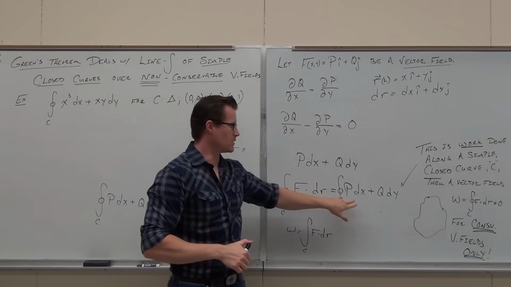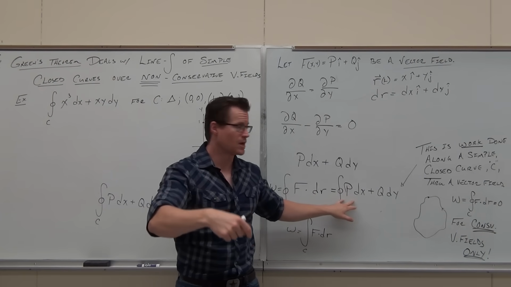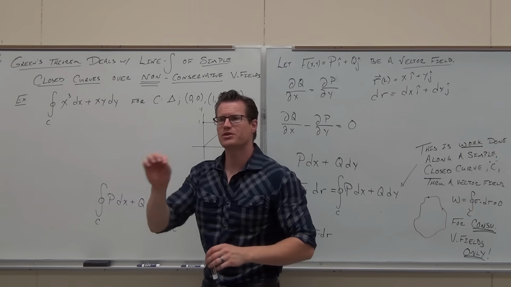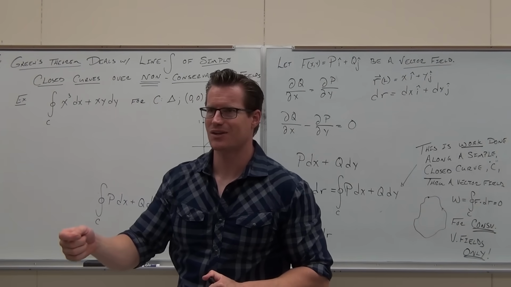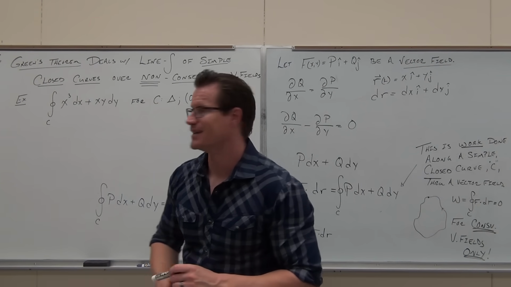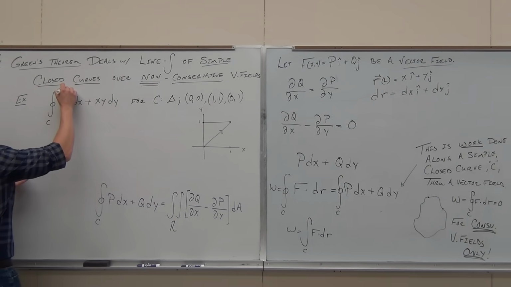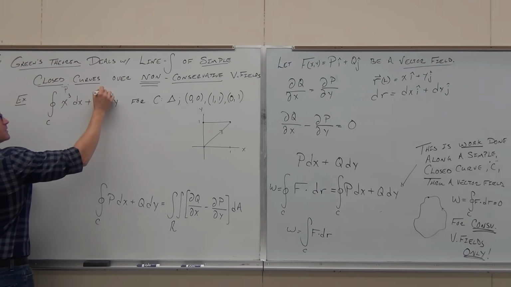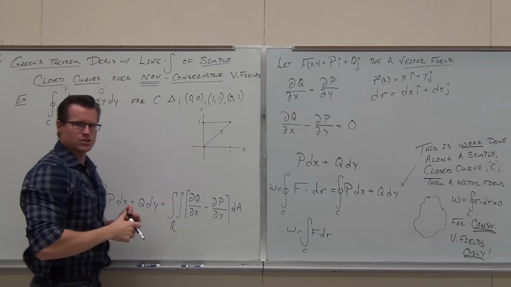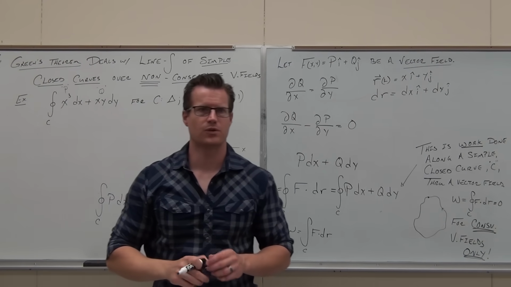The P is associated with dx. The Q is associated with the dy. So put that up there somewhere so you don't get lost. Is that a good idea? Yeah, it's a good idea. Head nod if you're okay with that one.